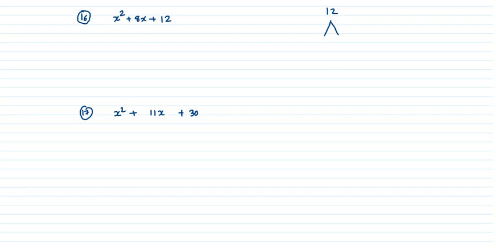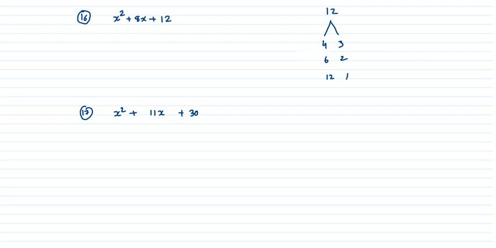You have to find the factors: 4 threes are 12, 6 twos are 12, even 12 ones are 12. Now you have a couple of factors, then you check where you get 8 as the answer, by addition or subtraction of these values.